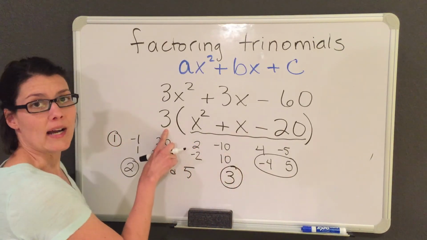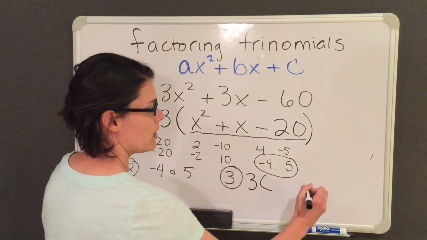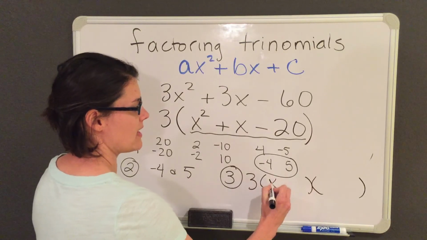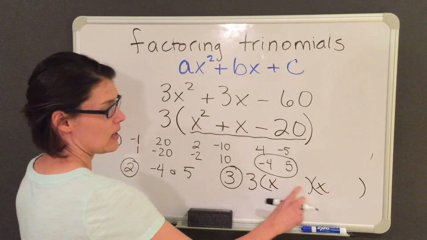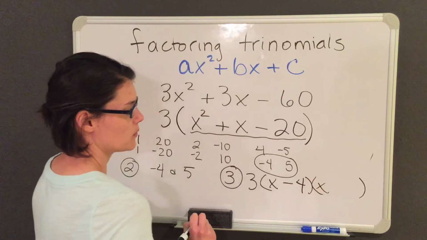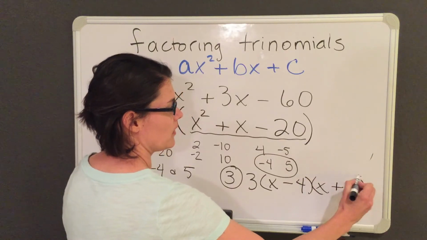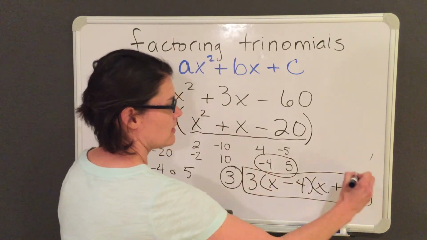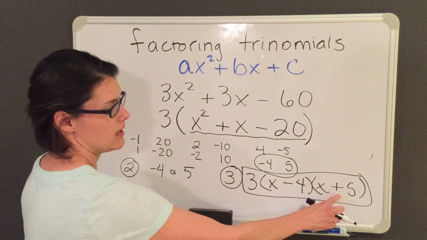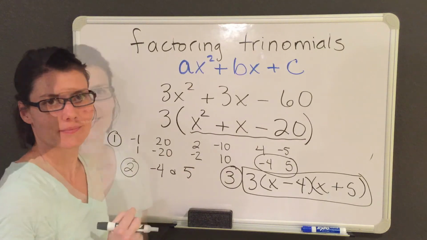I am going to go ahead and write out the 3 because I have it in the front. And then I will open up two parentheses. In the first spot, I will write the x, and then I will put my factors. I have a minus 4 in the first parentheses, and then I will have a positive 5 in the second parentheses. And so my factors are 3, x minus 4, and x plus 5 to fit this example.